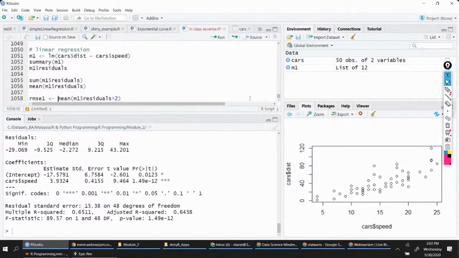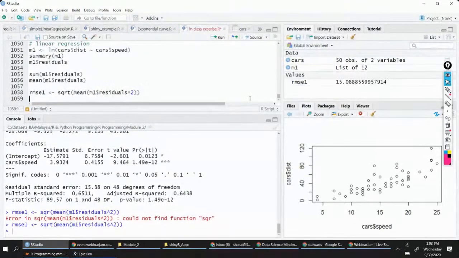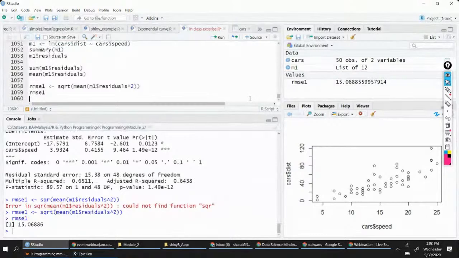So your error is in distance. When you square it, you get distance squared. Doesn't make any sense, right? So we take square root. This is called RMSE. Oh, my bad. Square root. So your RMSE is 15.06. Yeah, this is 15.06.